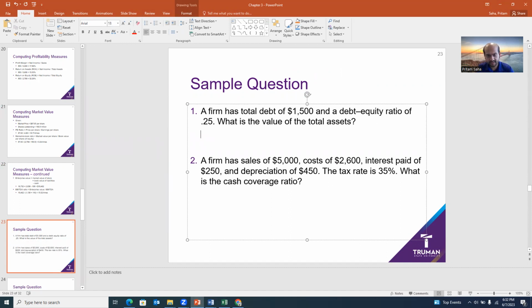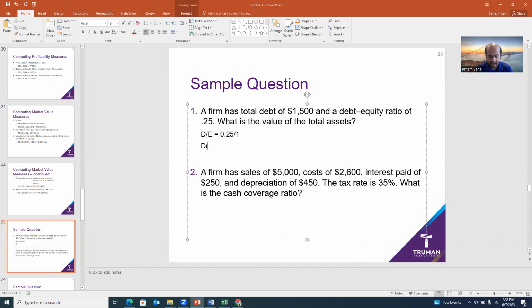The given thing is debt over equity is 0.25, which means equity is 4 times the debt. So if you have $1 of debt, you have $4 of equity, because equity value is 4 times bigger than the debt value.